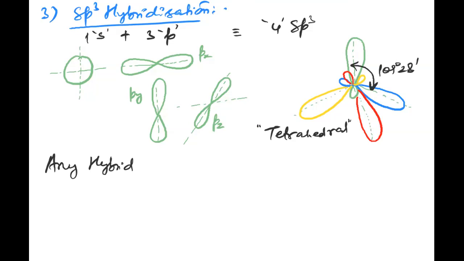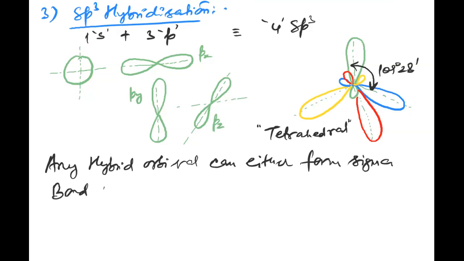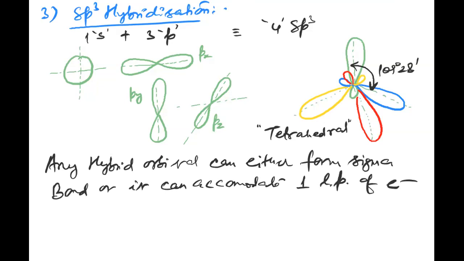So any hybrid orbital can either form sigma bond, or it can accommodate one lone pair of electron. Any hybrid orbital can form sigma bond or it can accommodate one lone pair of electron. So number of hybrid orbitals should be nothing but number of sigma bond plus number of lone pair of electron.